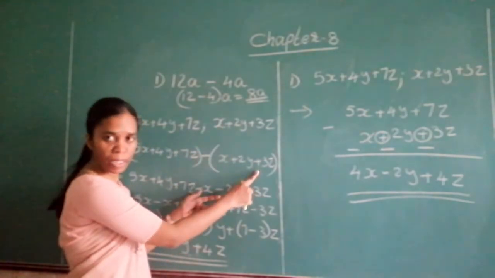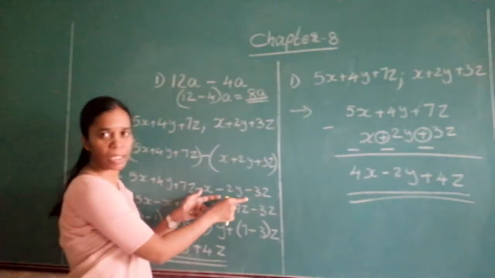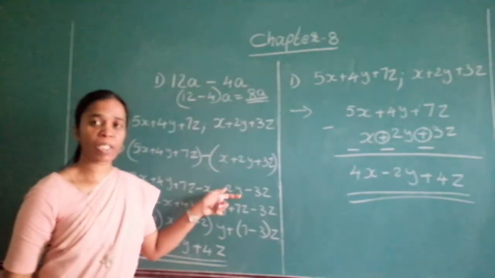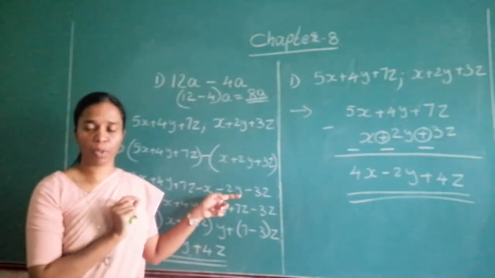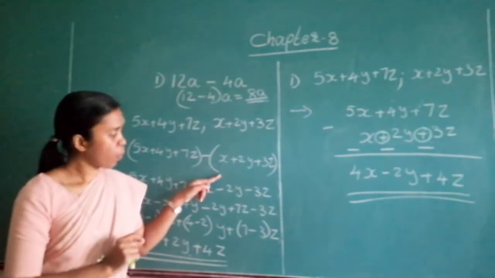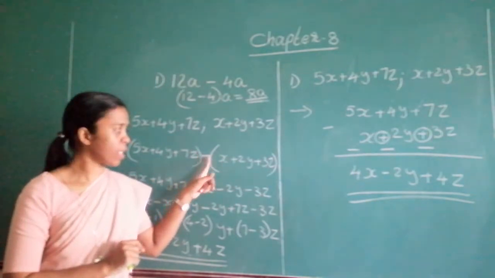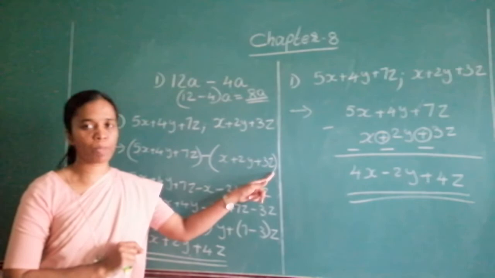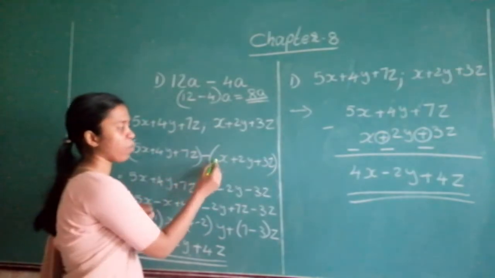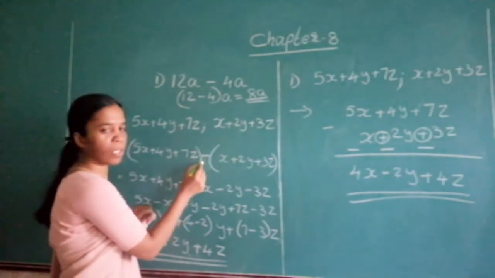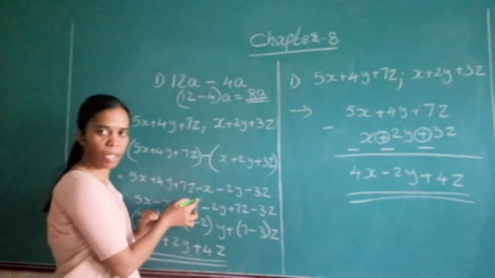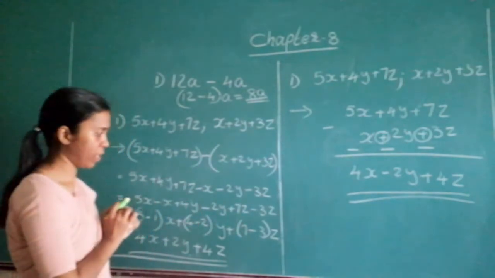Minus into plus, minus 3z. This step is very important. You are opening the bracket with a minus sign outside, so this sign is applicable with every term inside. You have to multiply with whatever sign is inside, multiply with minus, and then write whatever you get over there.